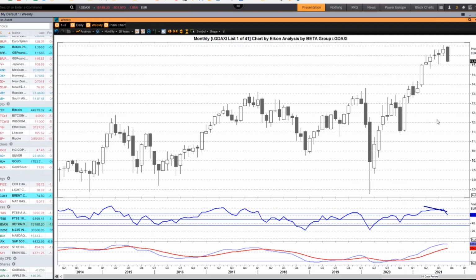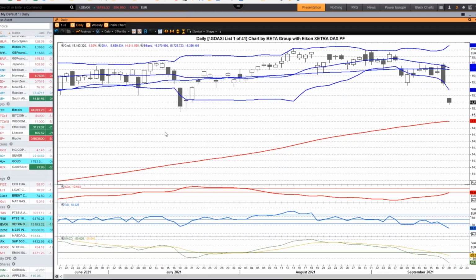It's only one black candle, but it's a big deterioration in the technical picture. It must hold this low here of 15,050. If it doesn't hold that, then we're in serious trouble here. It's like a different world to the US stock market.